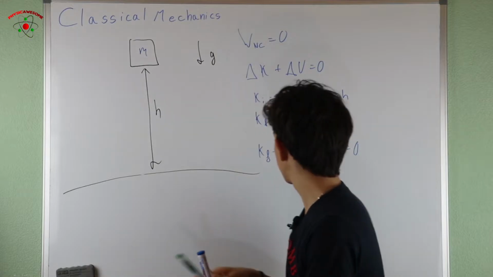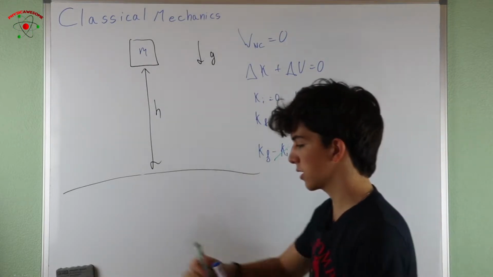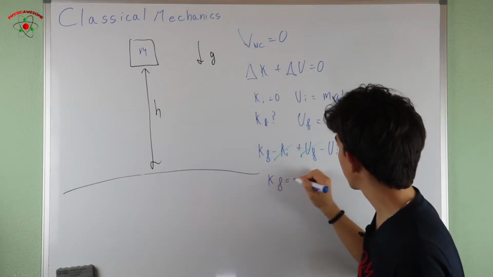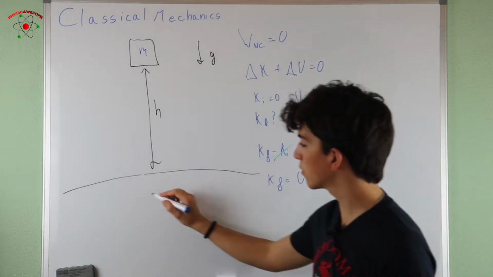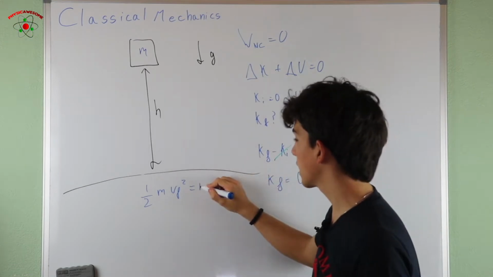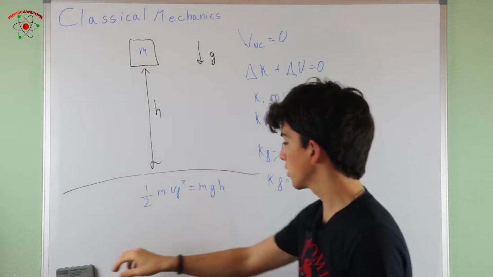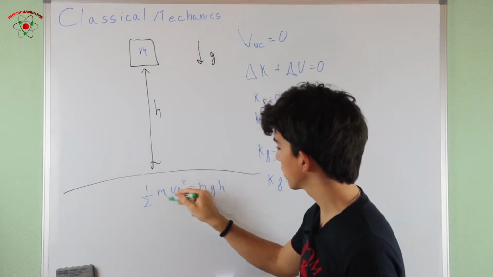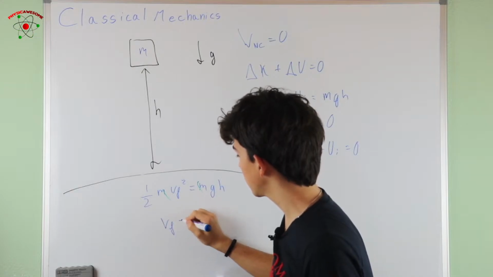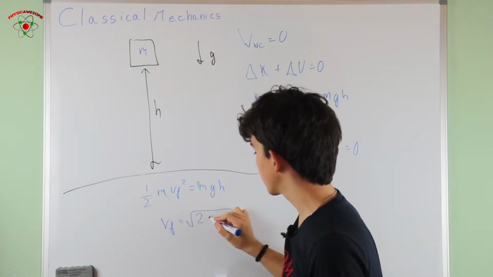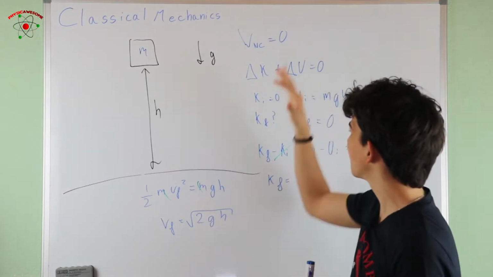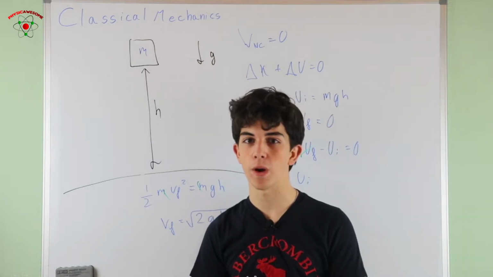We see that these terms are 0, and we find that K final equals U initial. Therefore, 1/2 m times the velocity squared equals mgh. We can cancel the masses, and we easily get that the final velocity is equal to the square root of 2gh. The exact same result we got earlier, but in a much easier and faster way.